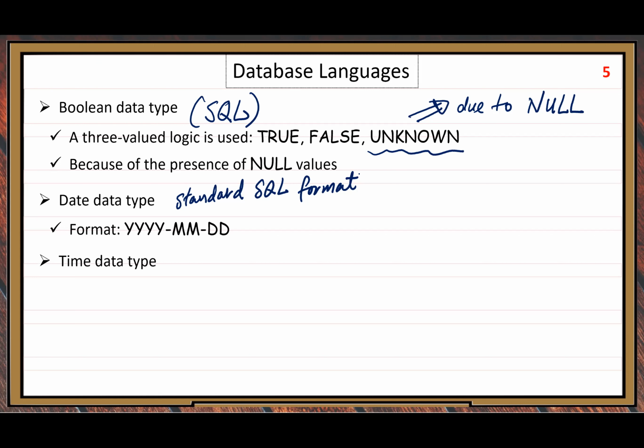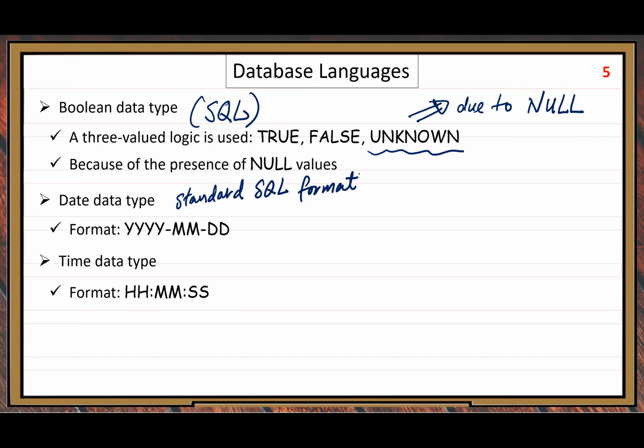All right. Time data type represents time. I think most people use this way, right? 2-digit hour part, colon, 2-digit minute part, colon, second part, also 2-digit.